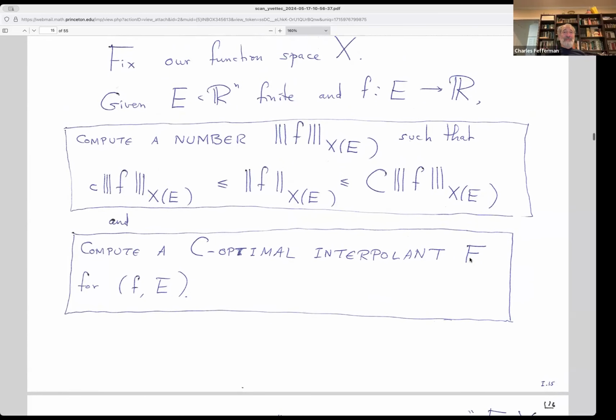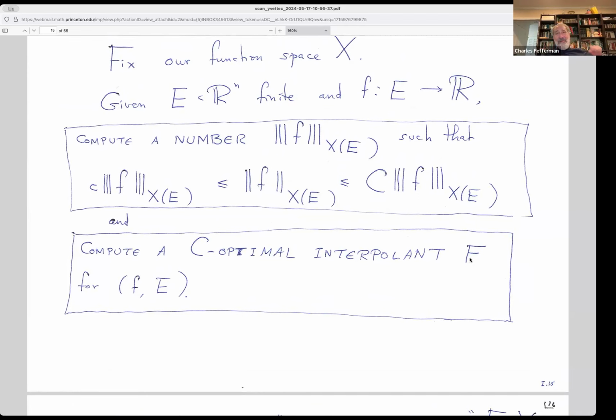That's still not precise because I haven't said what it means to compute. We're computing a number and computing a function. So I'm imagining that we're using a computer. The computer, let's say, has standard von Neumann architecture. And let's say for this talk, a computer is capable of storing in one memory cell an exact real number without round-off error, and it's capable of performing arithmetic operations perfectly without round-off error.